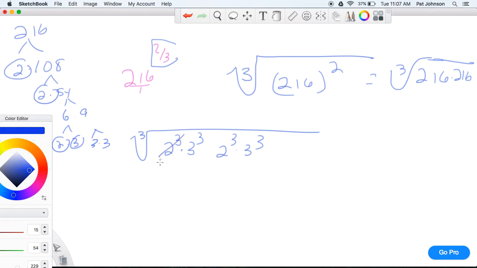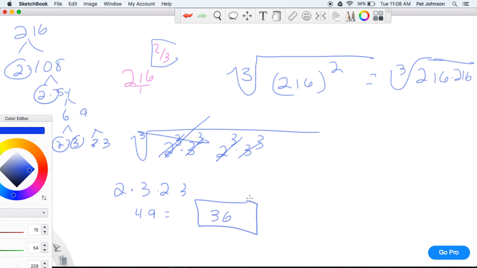So I can take out 2, 3, 2, and 3. There's nothing left, so this goes away. So 2 times 2 is 4 times 9, so my answer is 36. So a lot of stuff going on here, a lot of different rules. Know these rules and break it down one by one. All right?